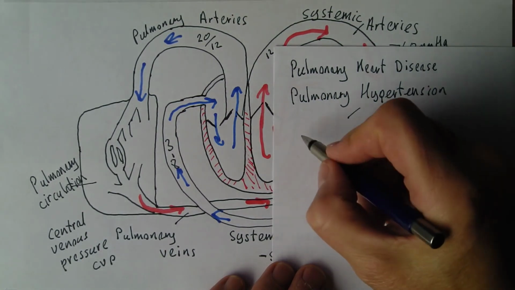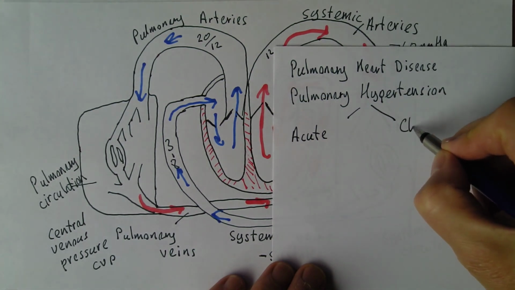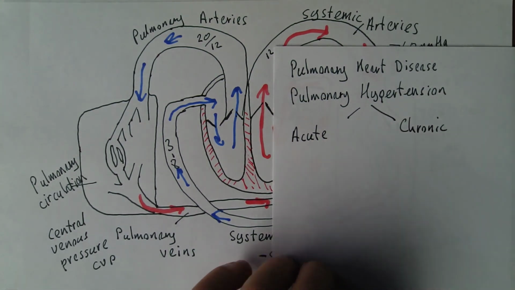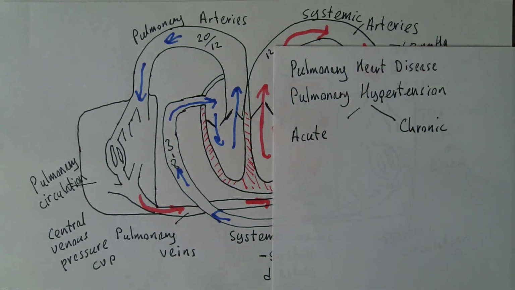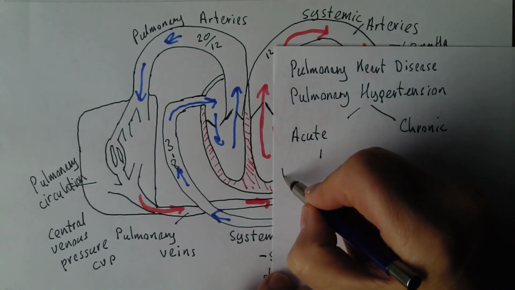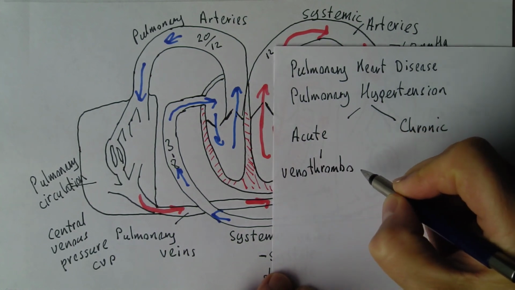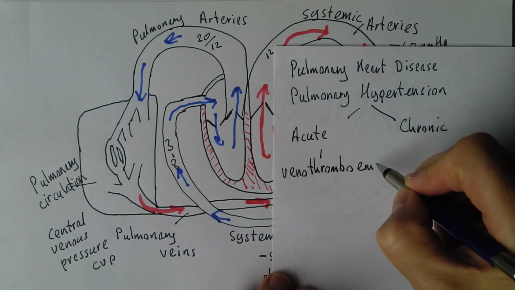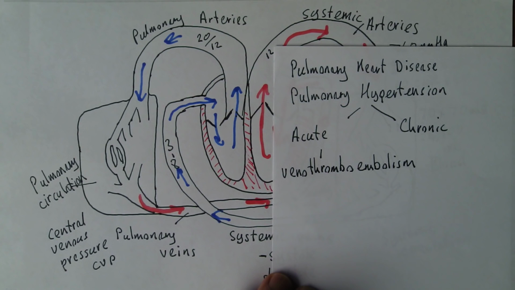And there's two forms. It can be acute or it can be chronic. So there can be an acute pulmonary heart disease caused by an acute pulmonary hypertension, or there can be chronic pulmonary heart disease caused by a chronic pulmonary hypertension. Now the acute form, for example, can be caused by venothromboembolism.